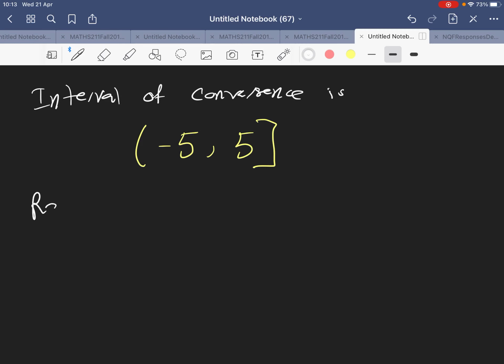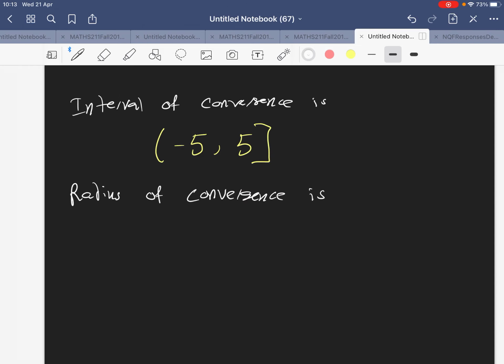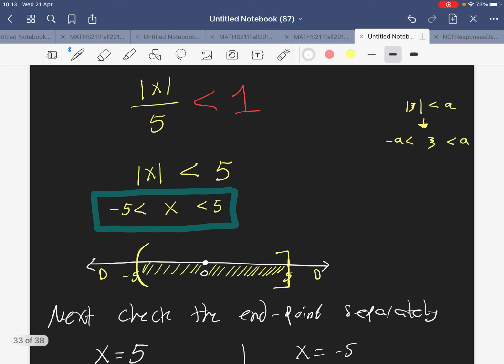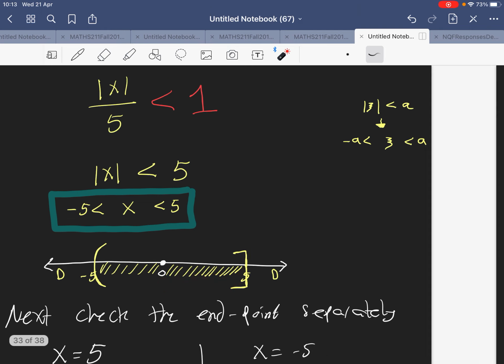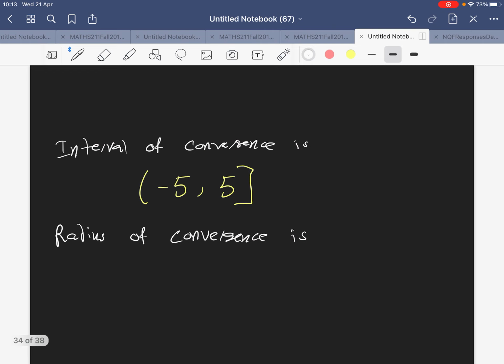The radius of convergence is, now we have to go back to our picture and see how long from here to here. I think you can notice it very easily, it is only 5. So my radius of convergence is R equal to 5.